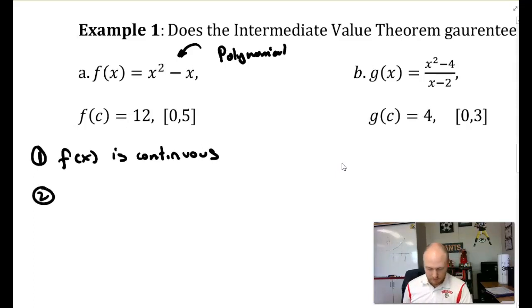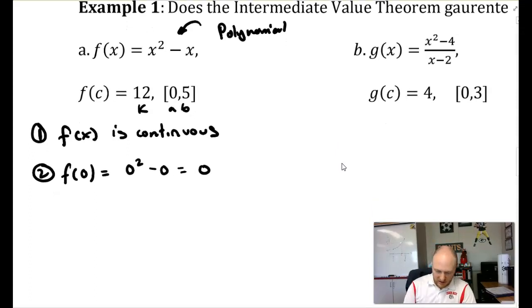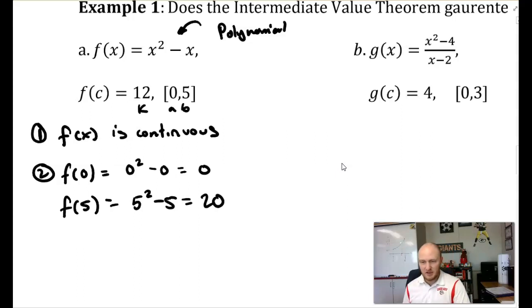Condition number two, does my k value, which here is f of c equals 12, live between the y values of a and b, f of a and f of b? So here's what we have to do. This is step two. What are your endpoints? What's f of 0? I plug this into my function. 0 squared minus 0 is 0. What's f of 5? 5 squared minus 5 gives us 20.